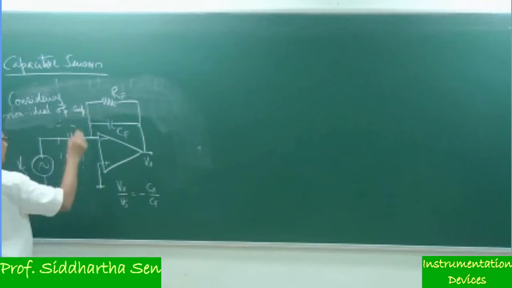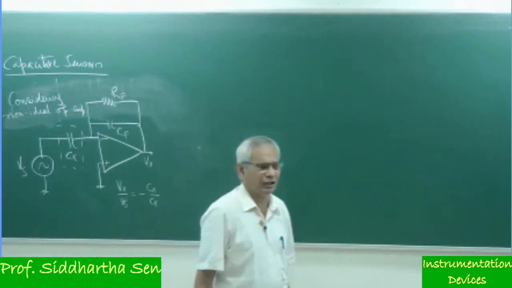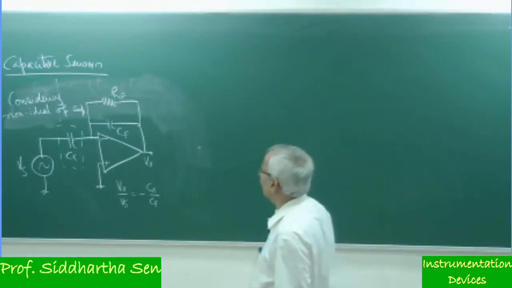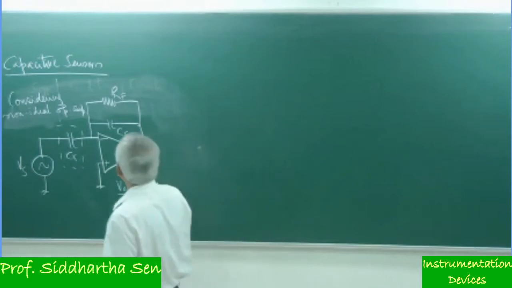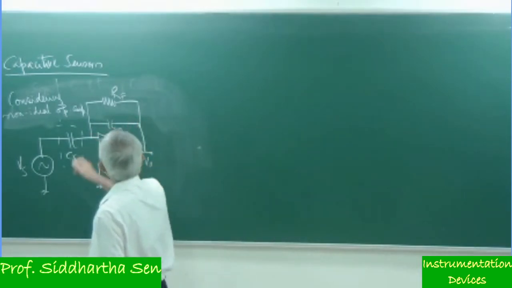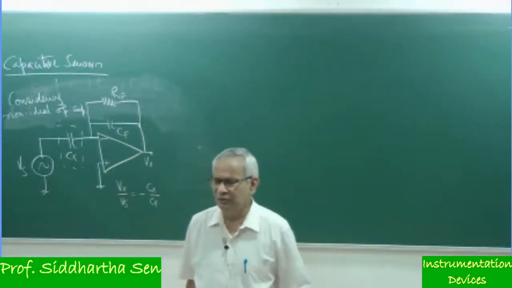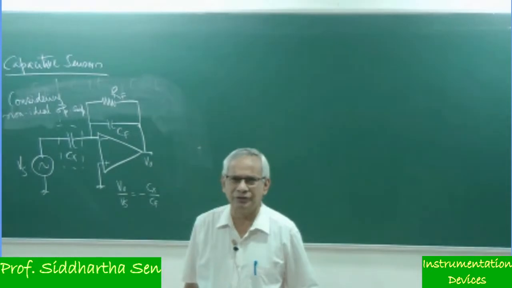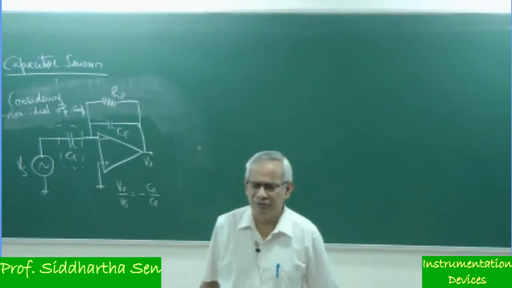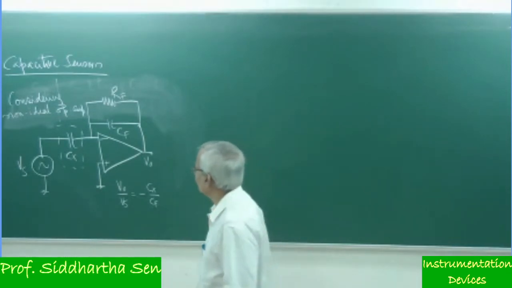Most all the op amps have non-ideal characteristics, that is, they have got a bias current, and this bias current can flow to the feedback path. But if it tries to flow to the feedback capacitance Cf, it will charge the capacitance. And ultimately the output will be saturated, DC saturated. So this is a thumb rule.